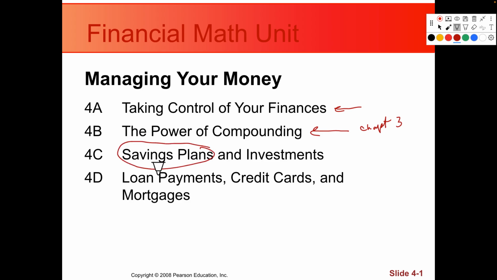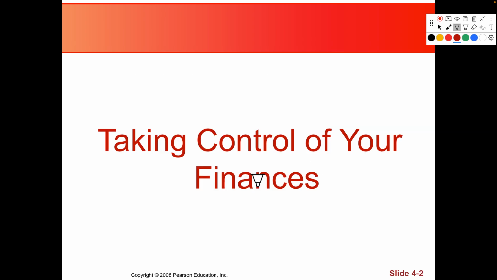The next lesson 6 will look at loan payments, because sometimes you need to borrow the money to have something. If you're going to work, maybe you need a car now, but you don't have all the money to pay for it, so you take out a loan. We all need a place to live, but few of us have the cash to just put down for a house. So we borrow that money while we can and move forward.